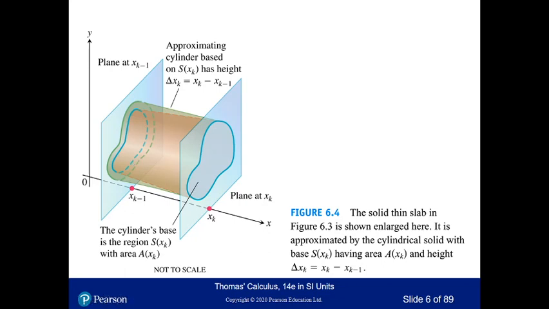So this is not a regular cylinder. But of course, when we are calculating the volume, we are going to just choose one of them and continue from there. That's why it's called an approximated volume. It's not really the exact volume of this thin slab. Alright, next.